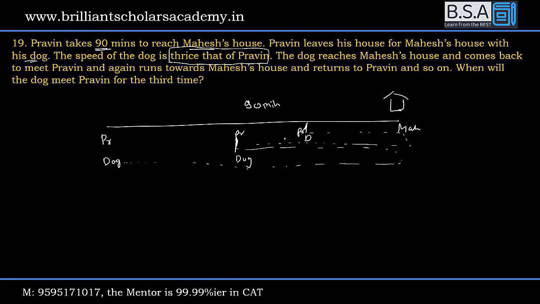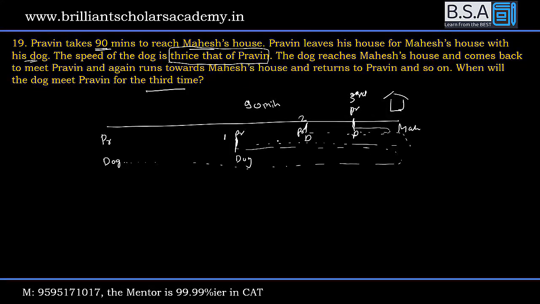So in this manner, the question is when will the dog meet Praveen for the third time? This is first meeting, this is second meeting. When will the dog meet Praveen for the third time? The question is when, not where. क्योंकि distance पता ही नहीं हमें.